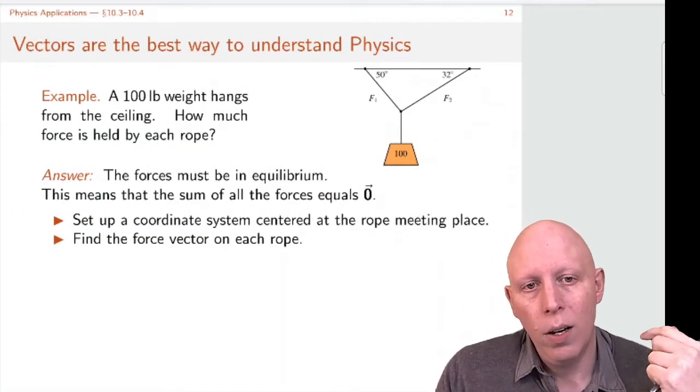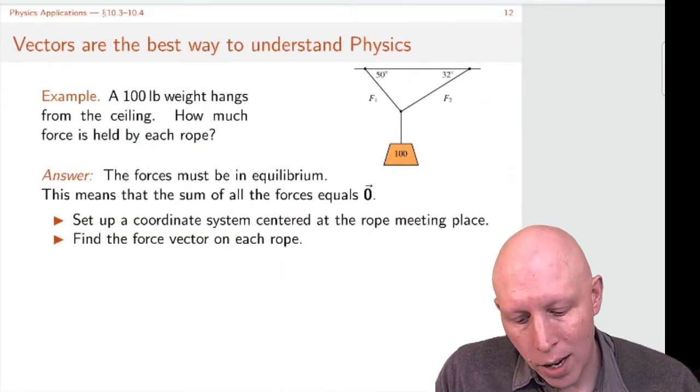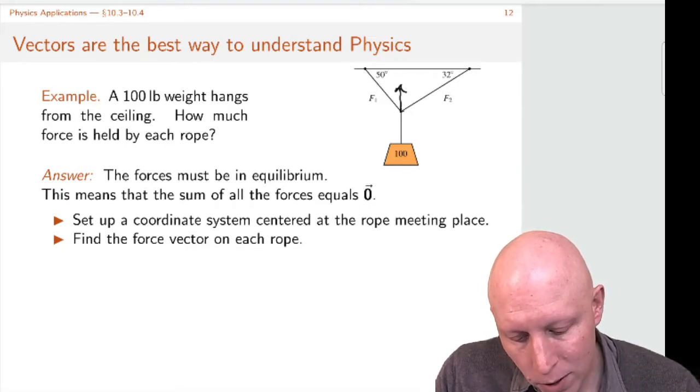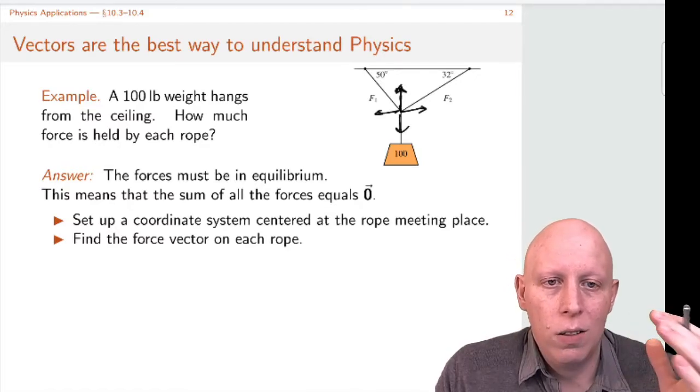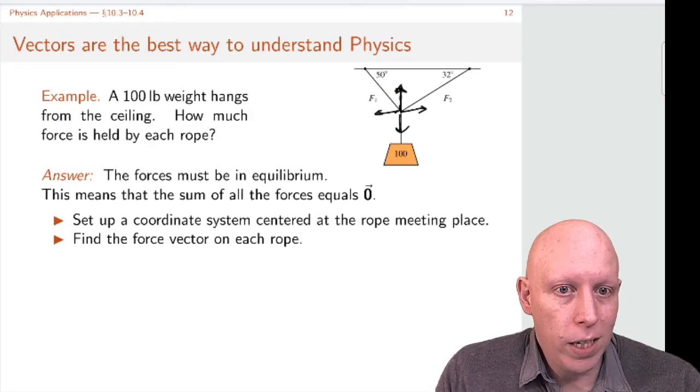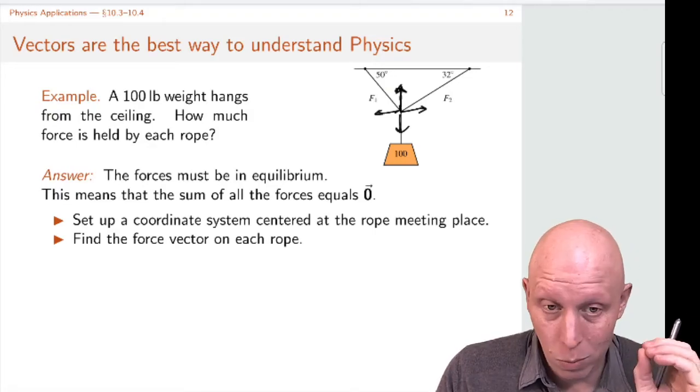What we'll need to know is how much force is pulling in the positive x direction, the negative x direction, the positive y direction, and the negative y direction. All of those forces have to add together to give the zero vector so that the point isn't moving.